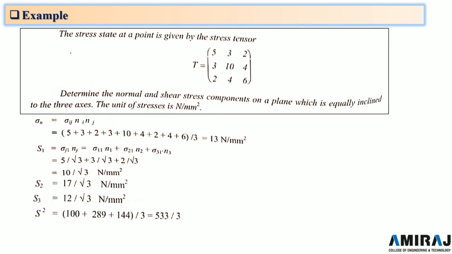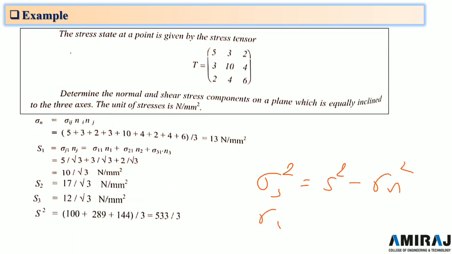As we know, sigma S square is equal to S square minus sigma n square.